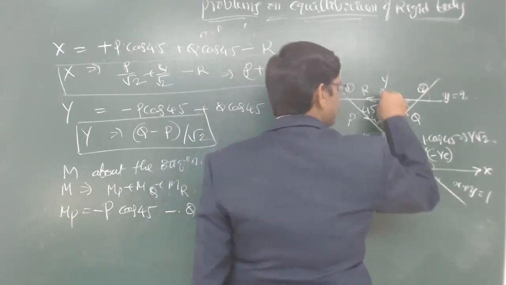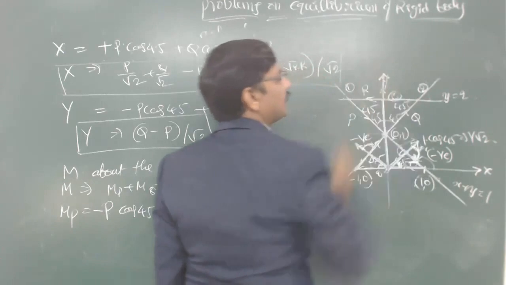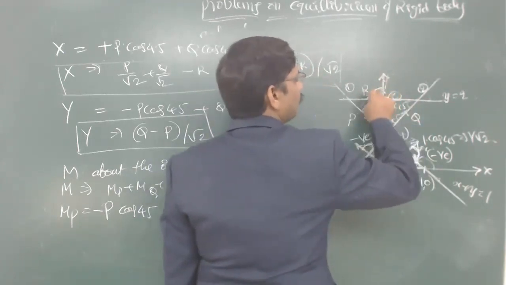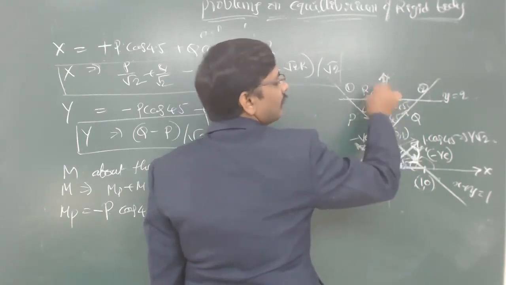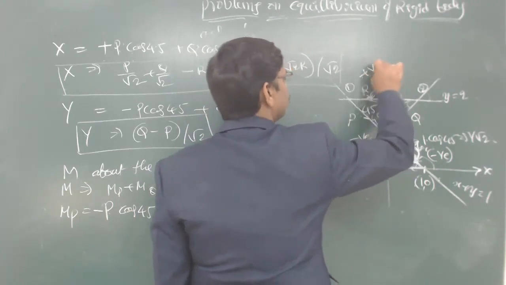For this force, the third force R about this particular point, this length is 2 and this length is 2. This is the radius direction and this is the force direction. From the radius to the force direction, if you draw a curve like this, it will be anti-clockwise, hence positive.